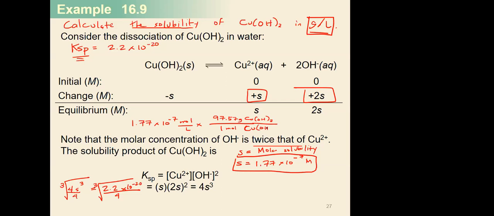So that will give you how many grams? 1.72 times 10 to the negative 5. So 1.8 times 10 to the negative.